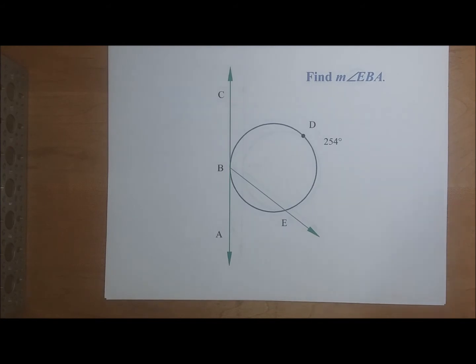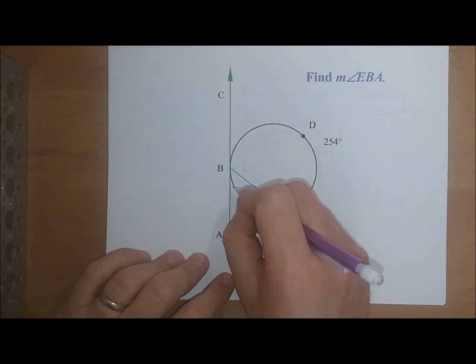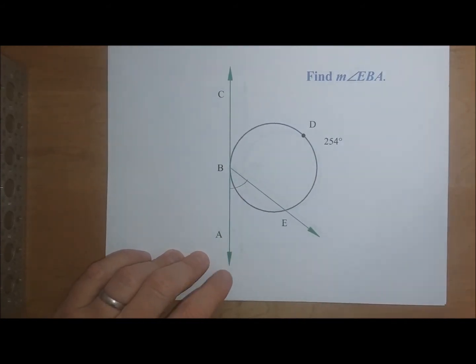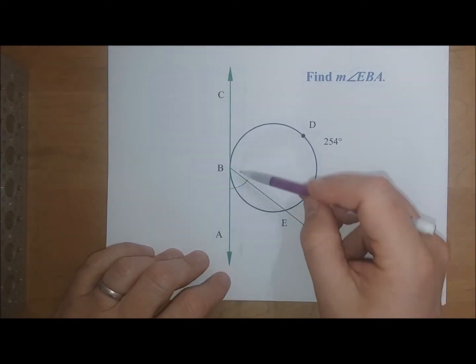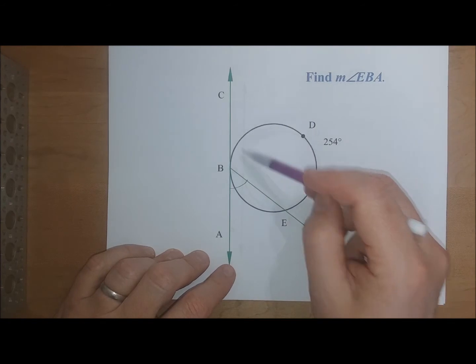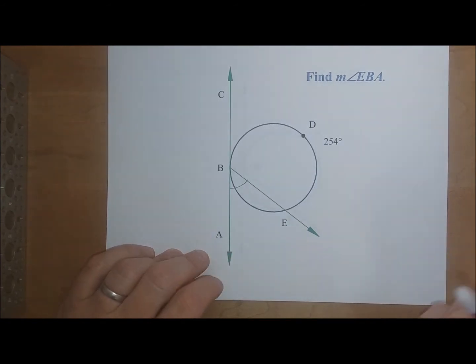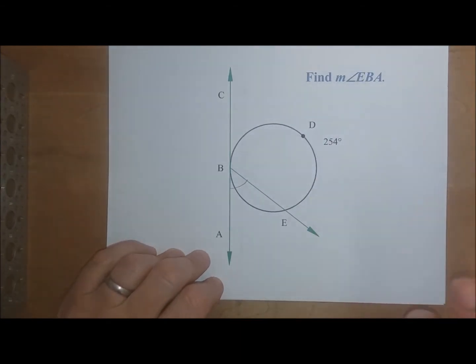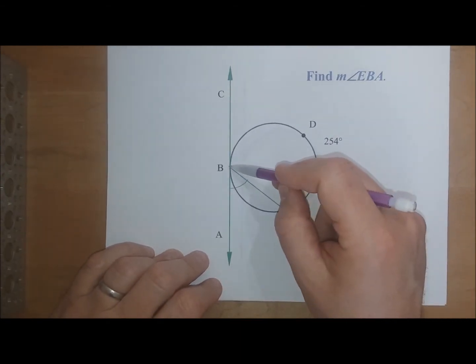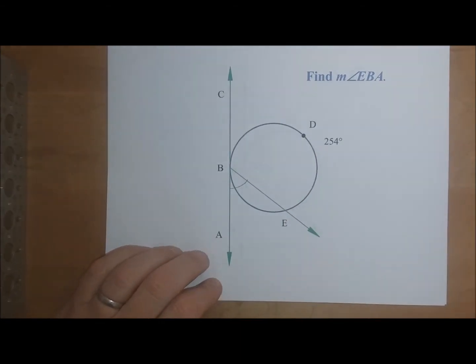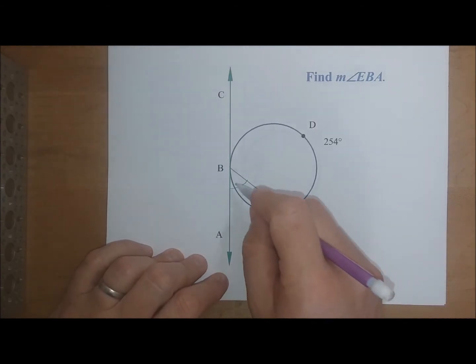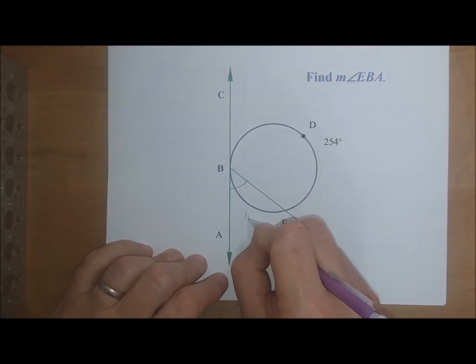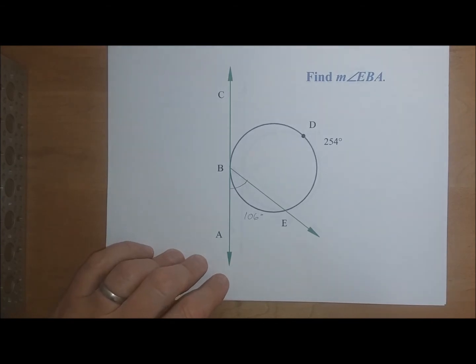All right, let's try another one of those. This one's a little bit different. They want us to find the measure of angle EBA this time. Now, there's a couple different ways you could approach this. You could find this angle and then say these two are supplementary, and subtract from 180. You could also say that the whole circle is 360 degrees, so I could subtract this 254 degree arc, and I would be left with this 106 degree arc over here.